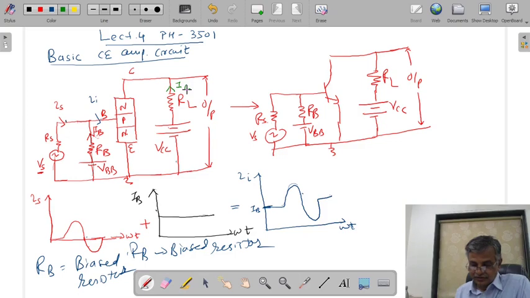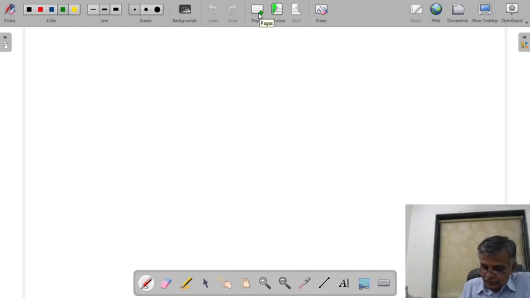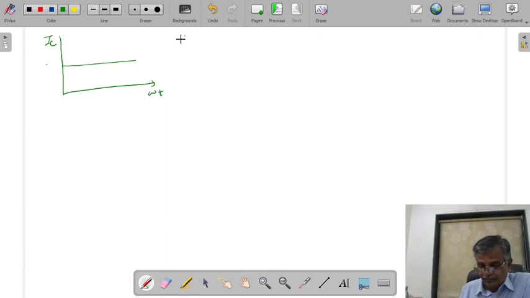Due to this variation signal here, this current is also varying, so that I am showing you. This is your DC current, plus in the collector you will get a variation current like this.